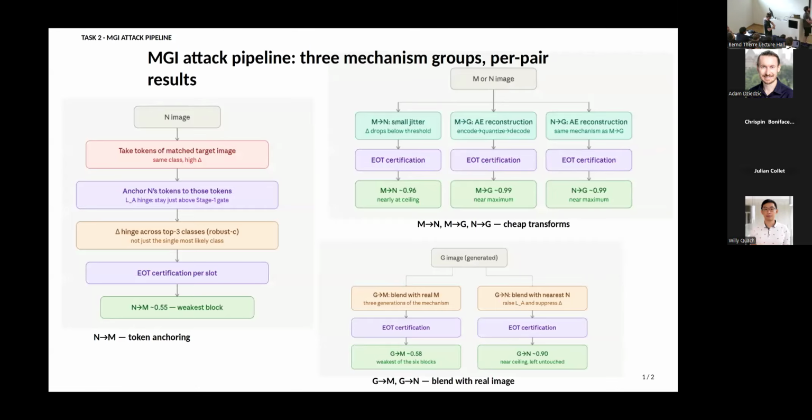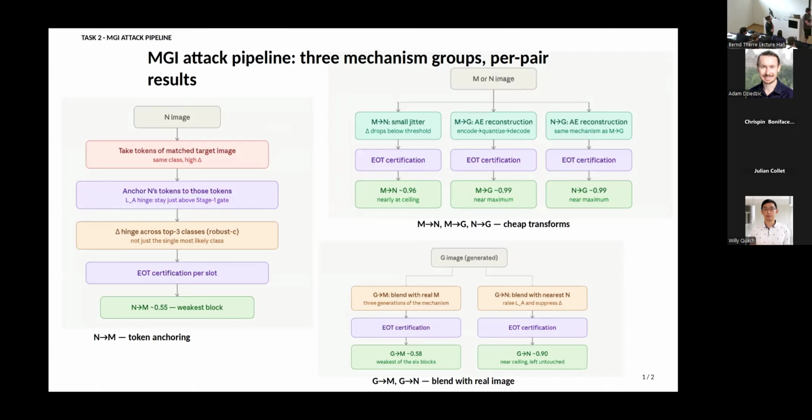We split this MGI task into three paths with respect to EOT. It's a mimic of our hidden black box model. It's the expectation over transformation technique, which we found. With respect to the results of the EOT technique, we have three paths of attack from generative models.